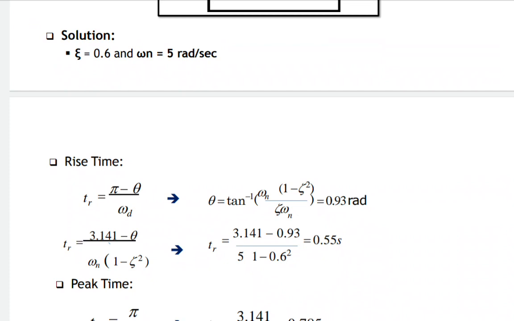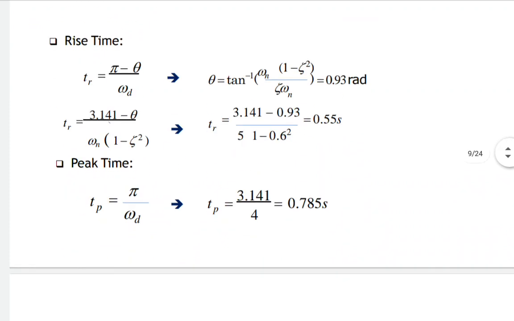So omega n cancels, that generates theta is equal to 0.93 radian. After substitution, omega d is omega n root under of 1 minus xi square, keep in your mind. So Tr is equal to 3.141, that is pi value, minus theta divided by omega n root under 1 minus xi square, that generates 0.55 second.